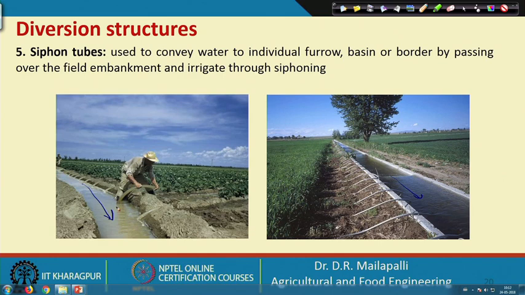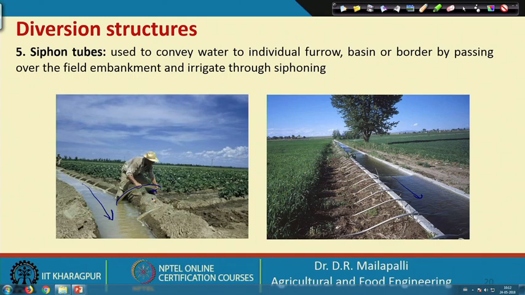What happens is they put one end here and the other end here, the other end is closed and then opened up. Closing and opening will create suction here, and once the water comes from the other end, they put that in the furrow.